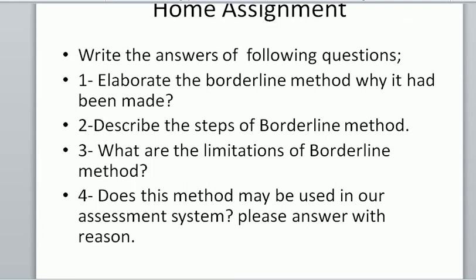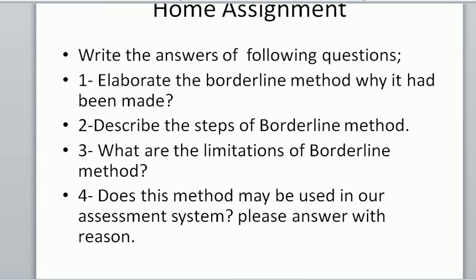Dear students, now come towards the home assignment. I want to give you a home assignment. First of all, please study the borderline method, and then write the answers of the following questions. Number 1. Elaborate the borderline method, why it had been made. Please give arguments why it was made.